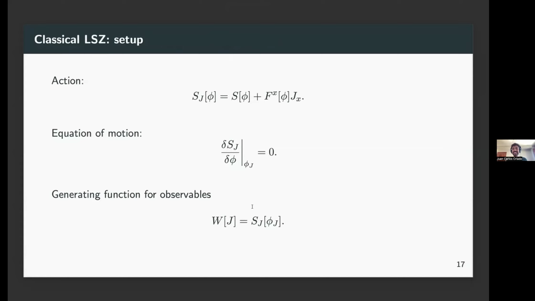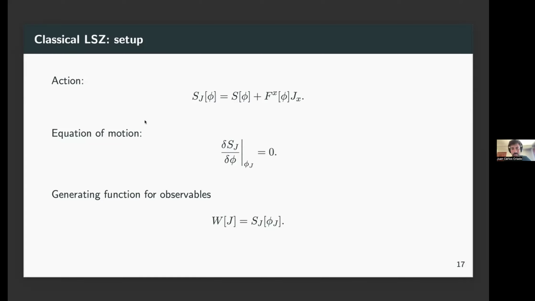But if you look at it in detail, it's not so clear, especially because for the LSZ formula, you have scattering amplitudes, which involve objects such as asymptotic multiparticle states, and those are inherently quantum things. So the best you can do with that is a semi-classical approximation. So we try to do something purely classical, and I think it's a nice exercise. I think maybe it clarifies things and gives an alternative proof of the LSZ formula at the classical level.